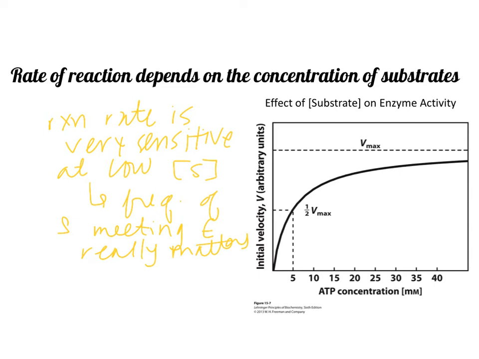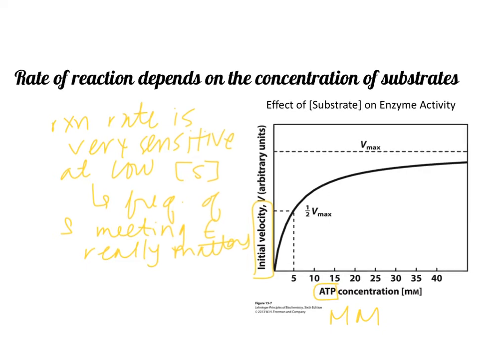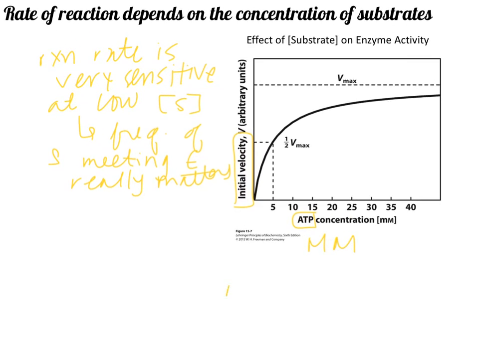If you look at this diagram over here, which is a Michaelis-Menten plot, you have initial velocity here, you have substrate concentration here, and let's say the enzyme is hexokinase. Remember, hexokinase catalyzes the reaction of ATP plus glucose going to ADP and G6P.